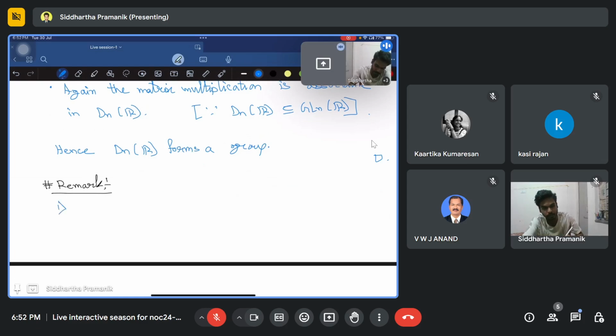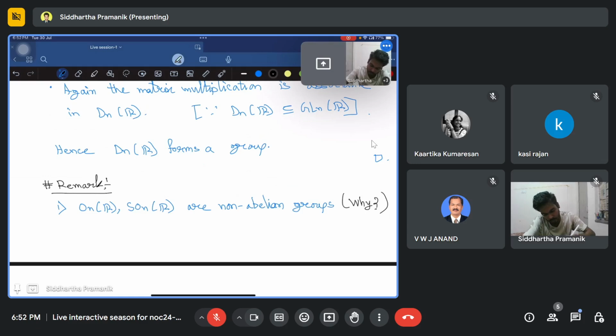So the first one is ONR and SONR are non-abelian groups. Okay, so you can find it by yourself.